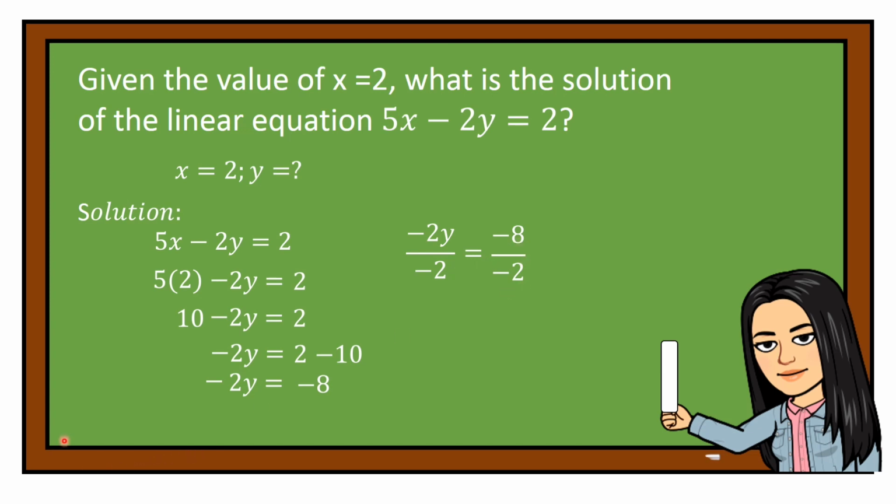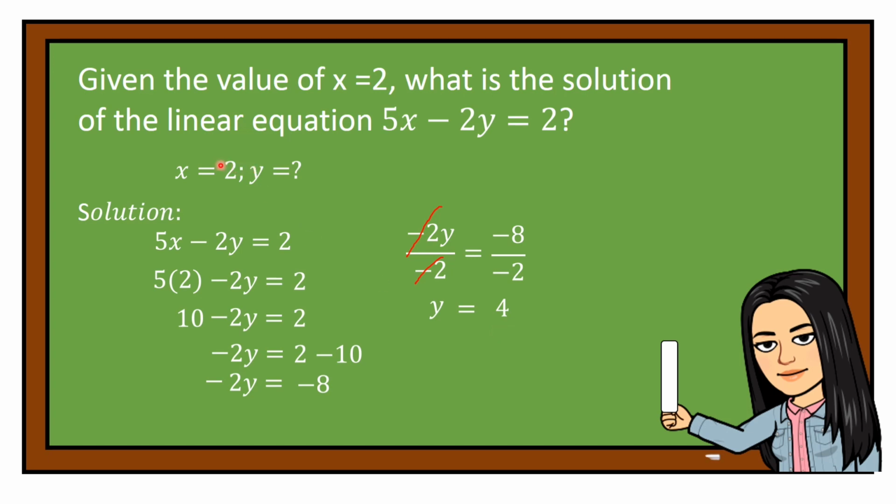So we're going to do the cancellation. So cancel negative 2 in the numerator and in the denominator. So the remaining term would be y equals negative 8 divided by negative 2. That would be equal to positive 4.